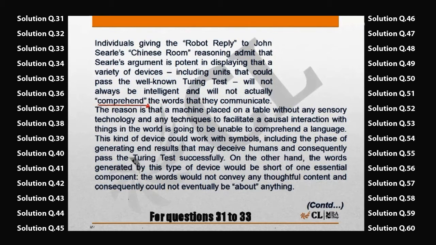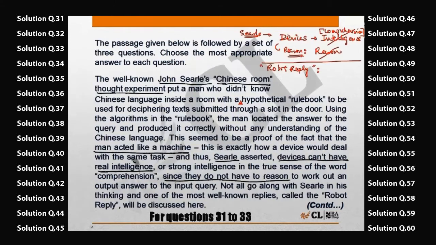So one key thing we understand is that the robot reply is okay with the conclusion: devices cannot comprehend. So the conclusion made by Searle and the conclusion made by the robot reply seem to be the same. But then what is the problem?